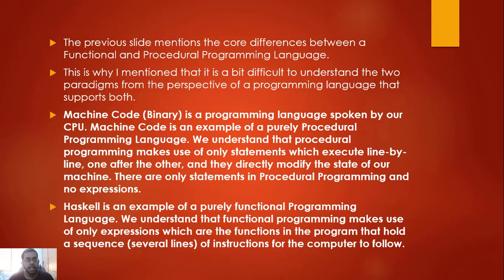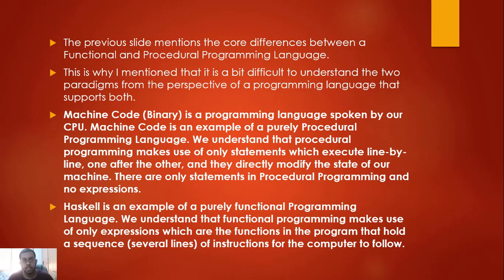The previous slide mentions the core differences between a functional and procedural programming language. This is why I mentioned that it is a bit difficult to understand the two paradigms from the perspective of a programming language that supports both. Machine code binary is a programming language spoken by our CPU.